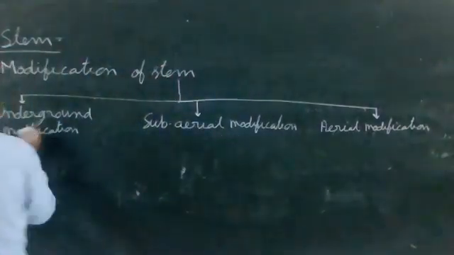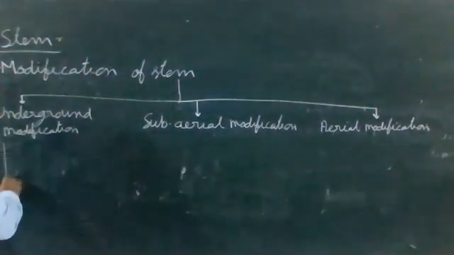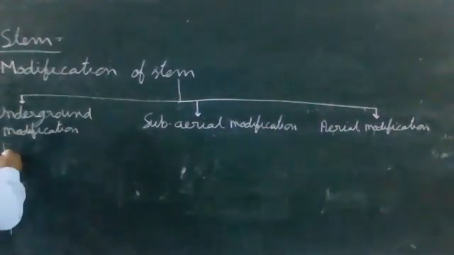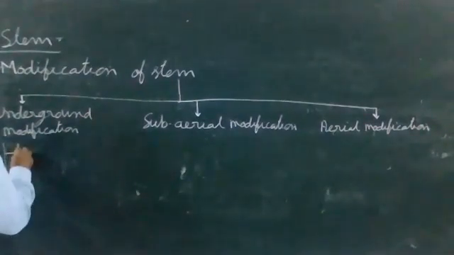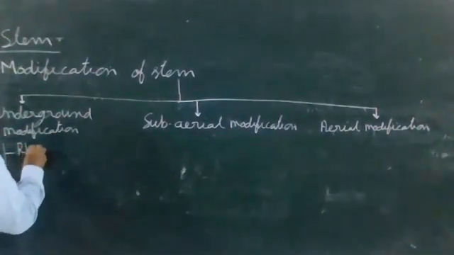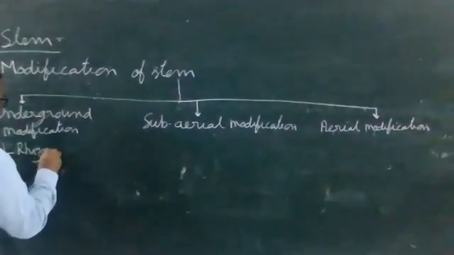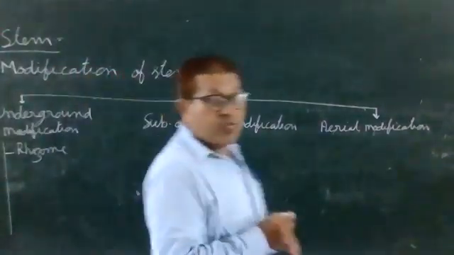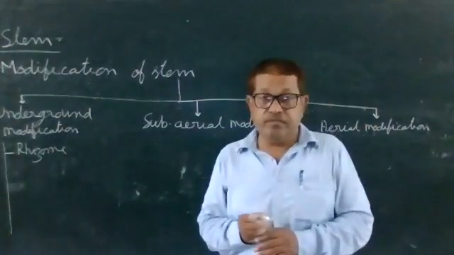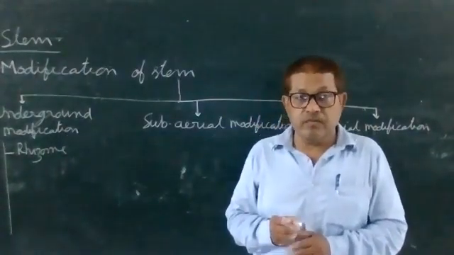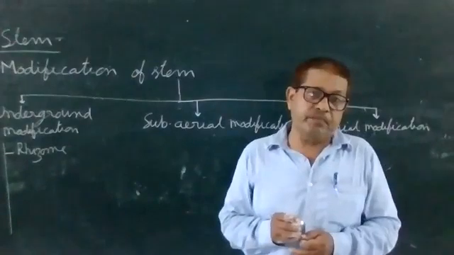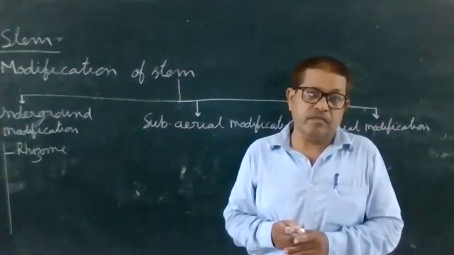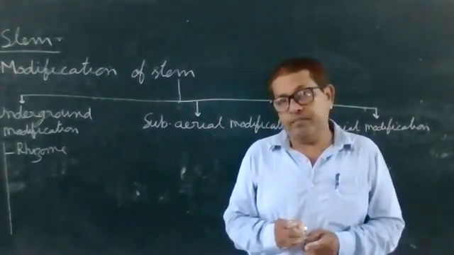So number one in underground modification. You know what is the rhizome? In underground modification, the first one is rhizome. You are familiar with ginger, turmeric, banana.